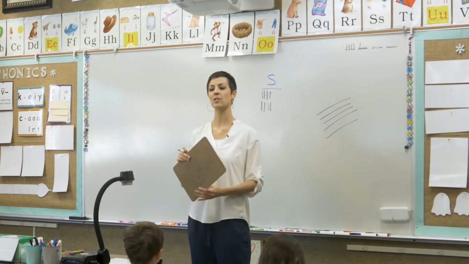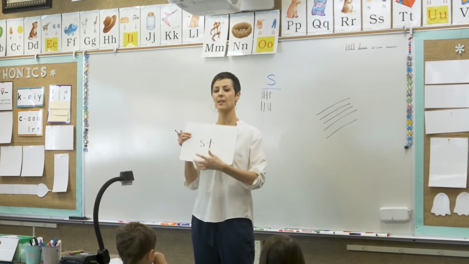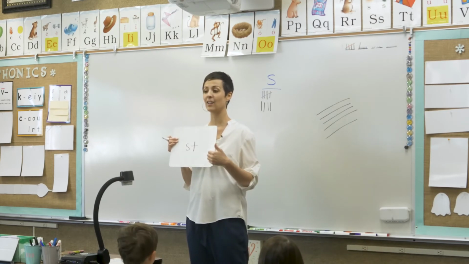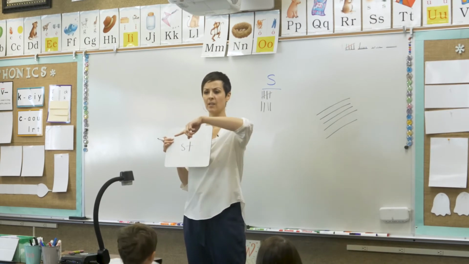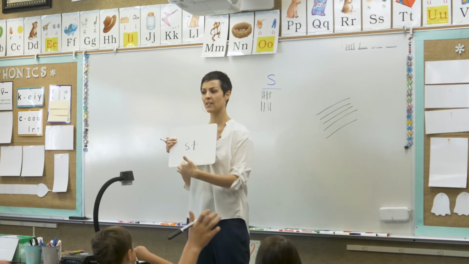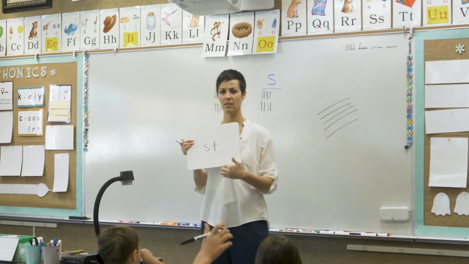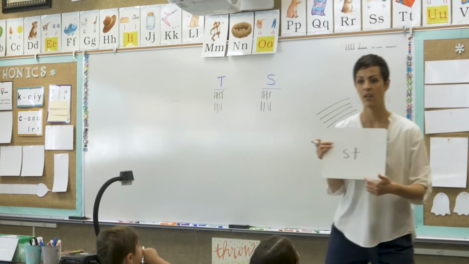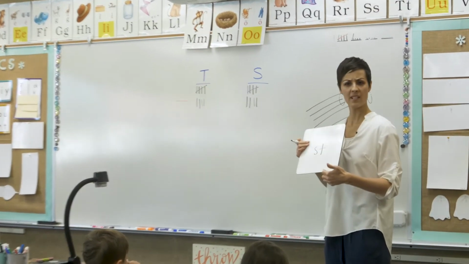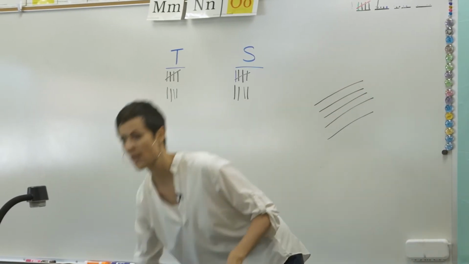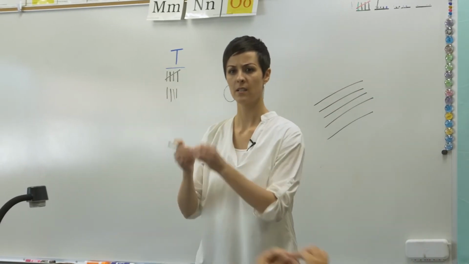The beginning blend in stripes was S-T-R. You forgot your R. Oh, I haven't called on anyone. Listen. Stripes. Question, James, what? Oh, you forgot the R. Kate, did I say the first 3? Yeah. Fingers up, stretch, stripes. First 3 letters.